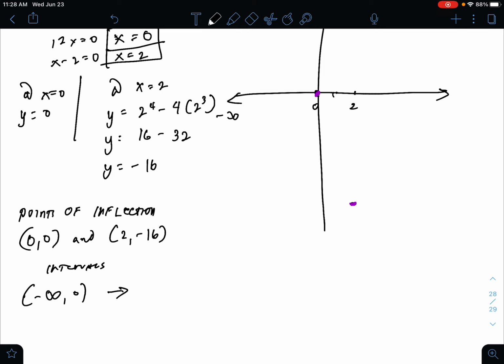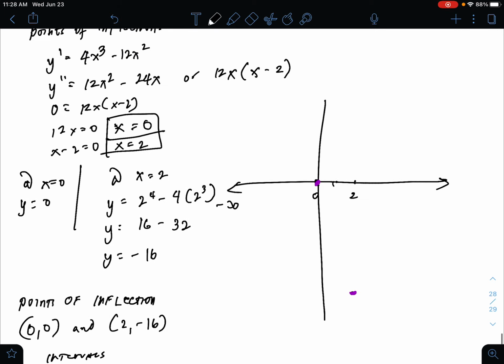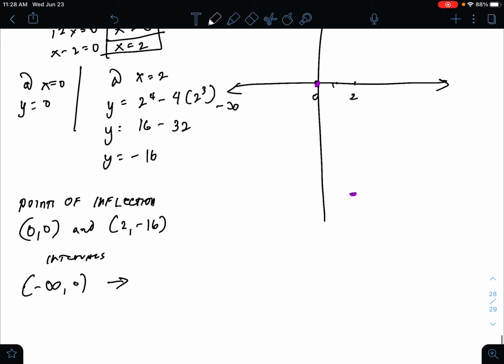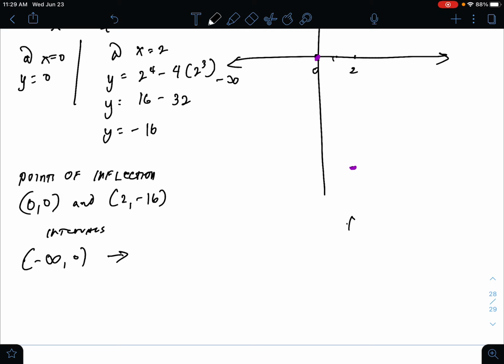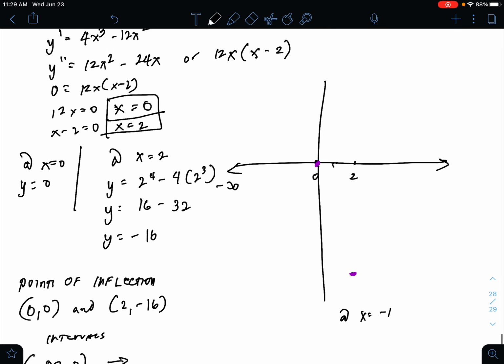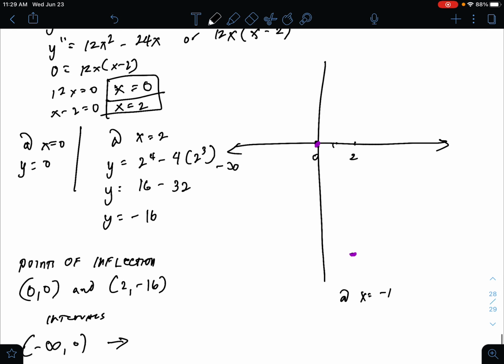Saan ka na siya? Concave upward or concave downward. So, para makuha na siya, kuha tag interval na negative 1. At x equals negative 1. Substitute nato siya sa second derivative, which is 12x squared minus 24x.